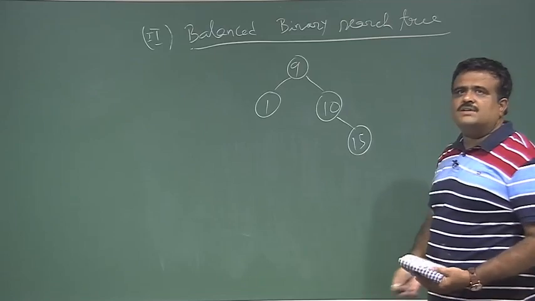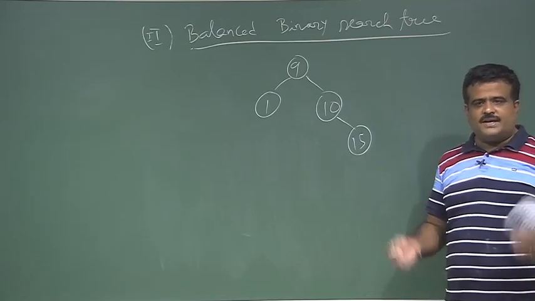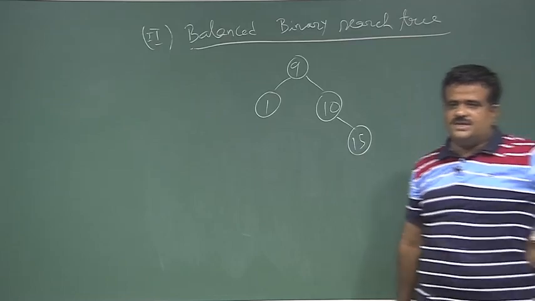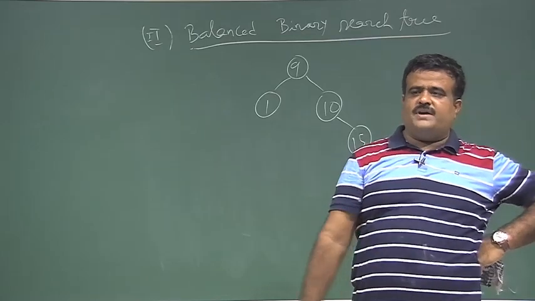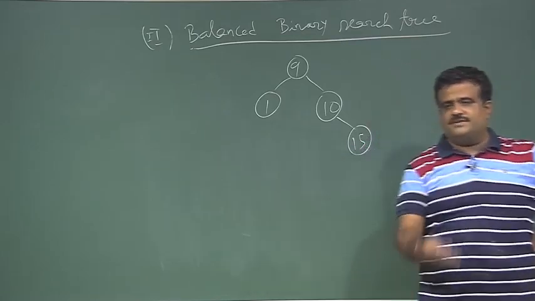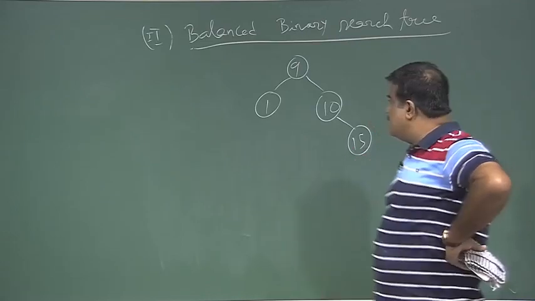Now insert will take log n time, because we just insert into a BST, and we may need to rebalance it. If you are using a red black tree, it is just red black tree insert, and deletion is the same.